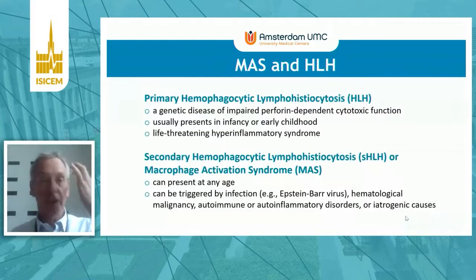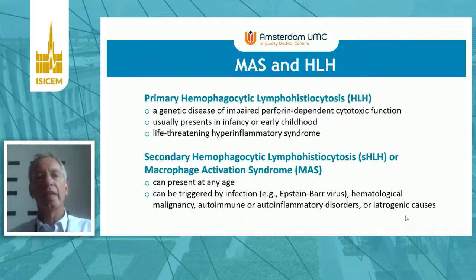Pediatrics has known a syndrome that's named primary hemophagocytic lymphohistiocytosis for a fairly long time. This is a genetic disease of impaired perforin-dependent cytotoxic function, resulting in a life-threatening hyperinflammatory syndrome, mainly driven by excessive release of pro-inflammatory cytokines.